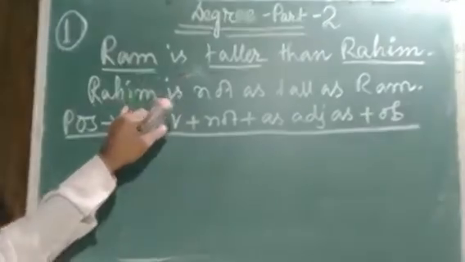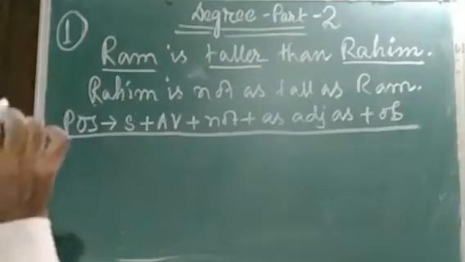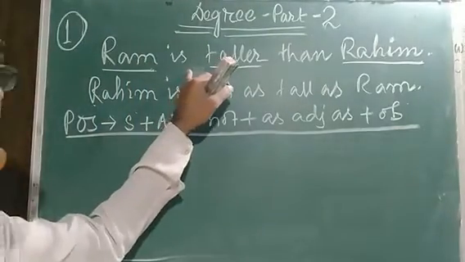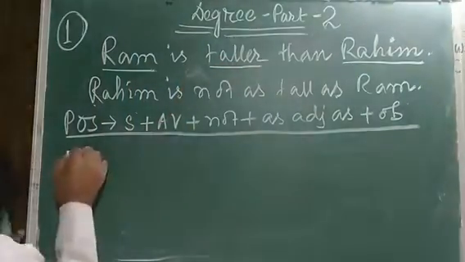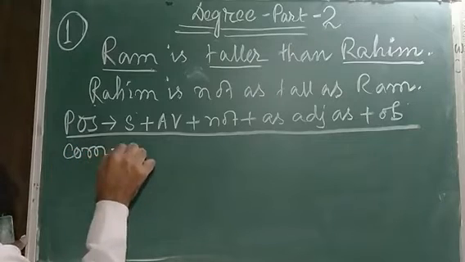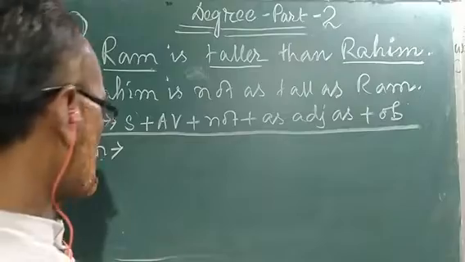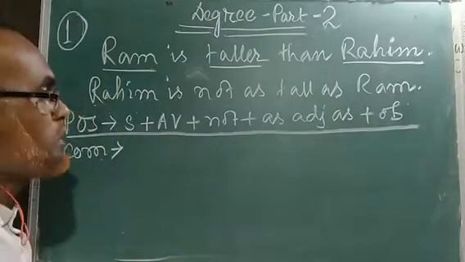If it is the sentence of comparative degree, then from this sentence we can write the form of comparative. COM, I have written in short COM as comparative degree.